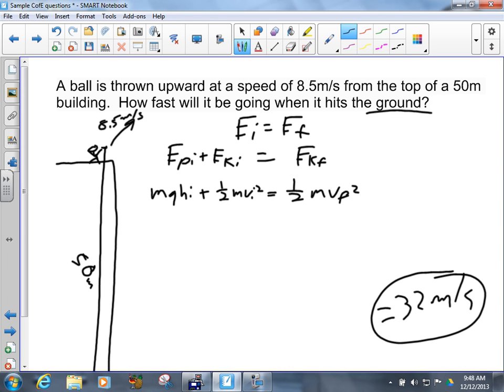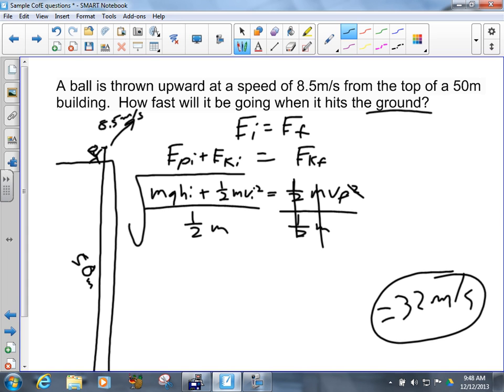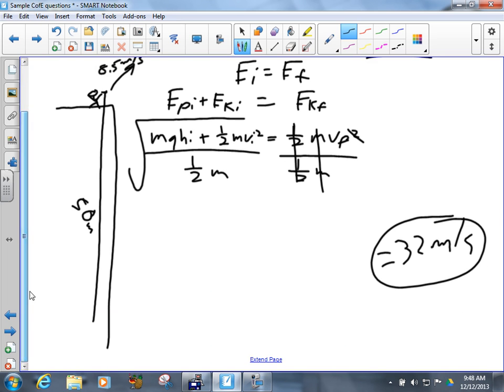Julie? Yes. Okay, we're trying to find vf. How do I get vf by itself? Divide by half of m, depending on whether you canceled the m's or not. We'll do one here where we don't cancel the m's just to show that it doesn't make any difference which way we do it. And then square root. Everybody with me so far?